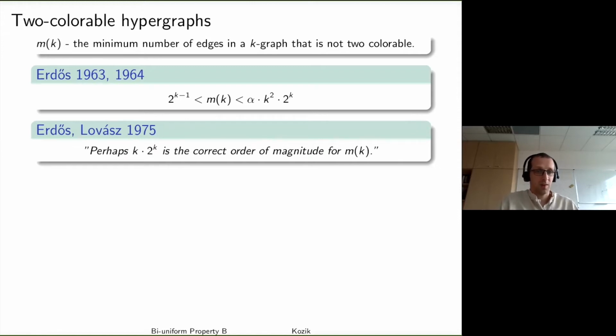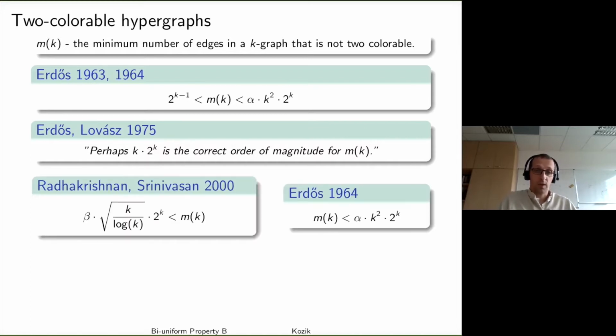Without any significant progress for 10 years, Erdős and Lovász suggested in a famous paper that maybe k times 2 to the k is the right order of magnitude, but this suggestion was not supported by any evidence. Or maybe it was a result of considering some special case of simple or linear hypergraphs, which is what they considered in this paper.